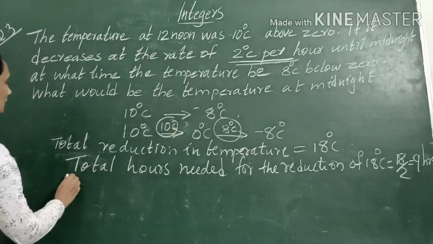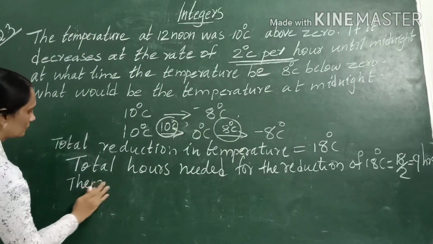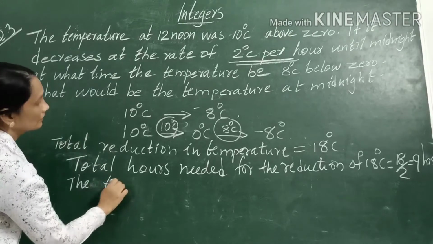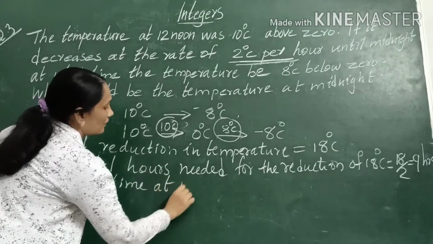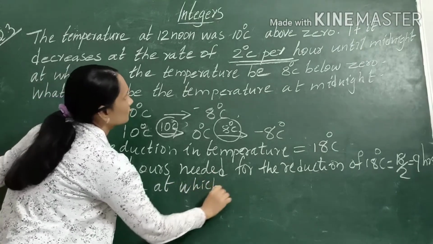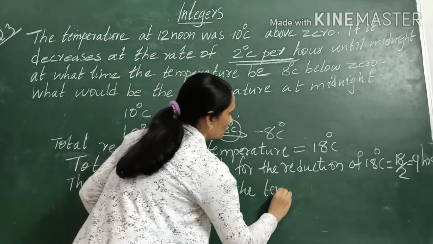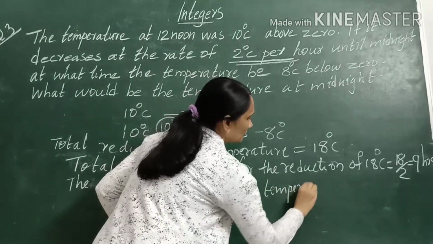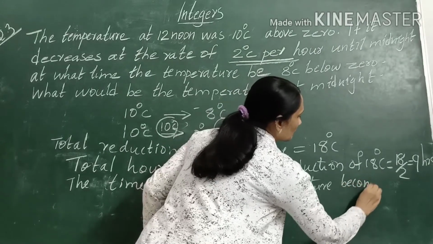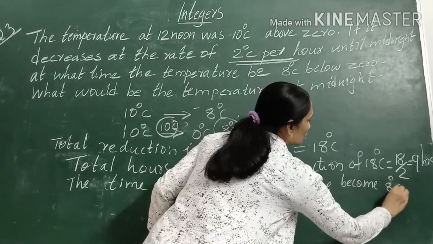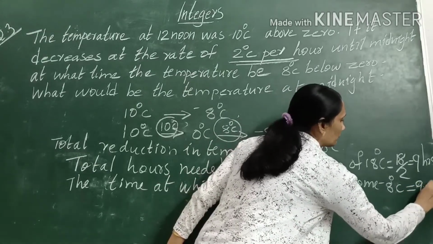So the time at which the temperature becomes minus 8 degrees Celsius is equal to 9 PM.